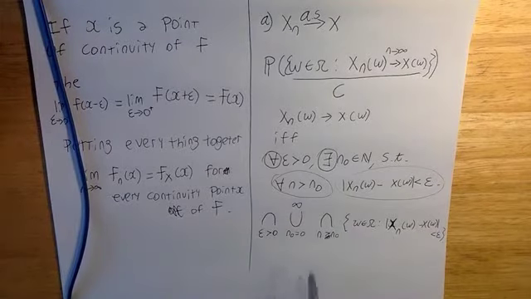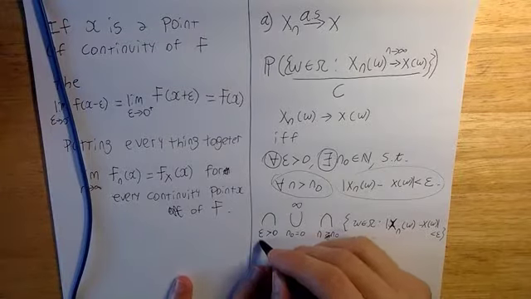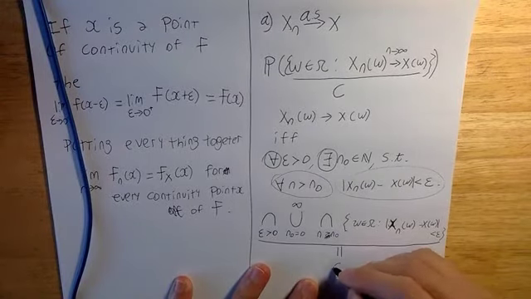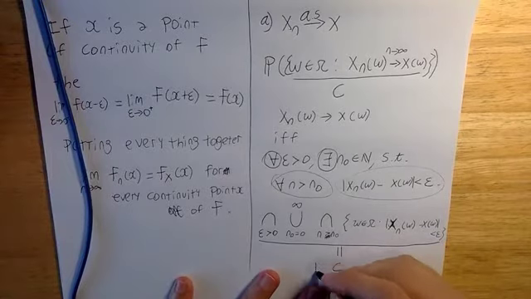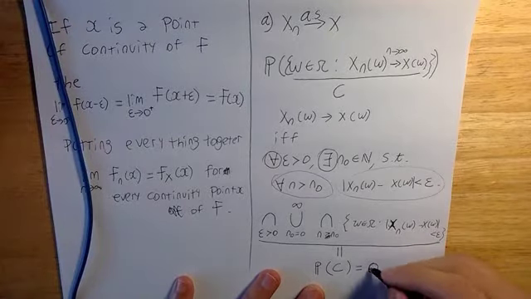So what we're saying is that all of this set is C, and the probability of C is equal to 1.